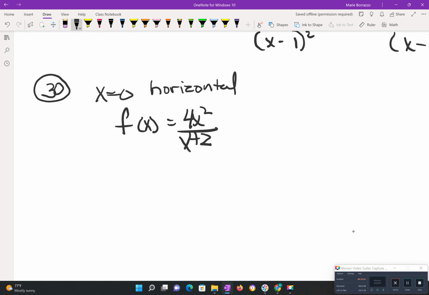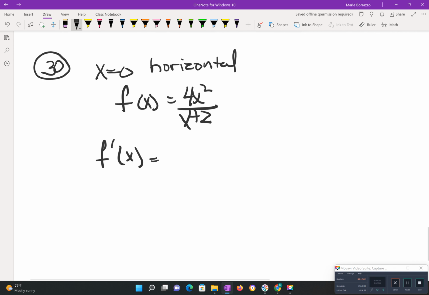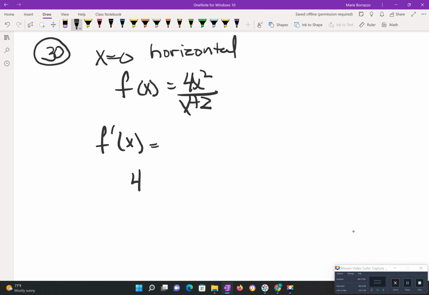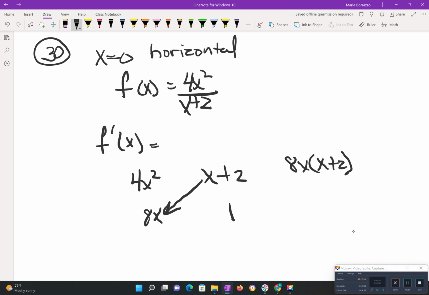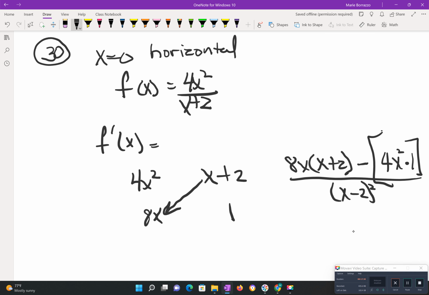So we're going to use our quotient rule to find that first derivative. And so we start with the first term, 4x squared. Take that derivative. Take the x plus 2. Take that derivative, and then we use the same process. So we're going to start with 8x times x plus 2 minus 4x squared times 1, and all of that over the denominator, x plus 2 squared.